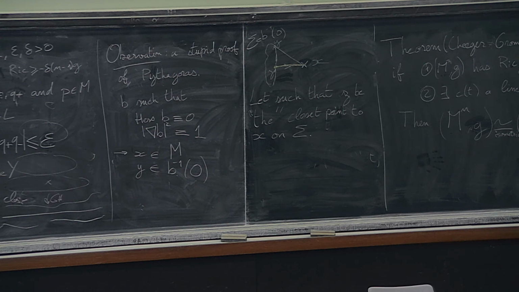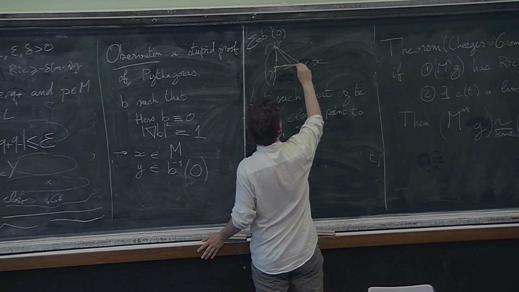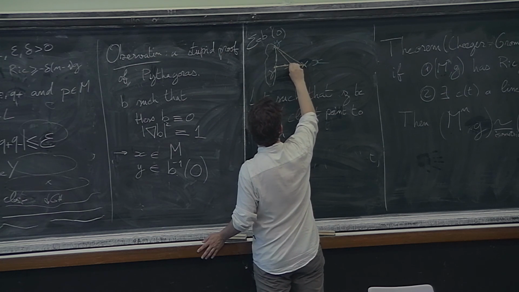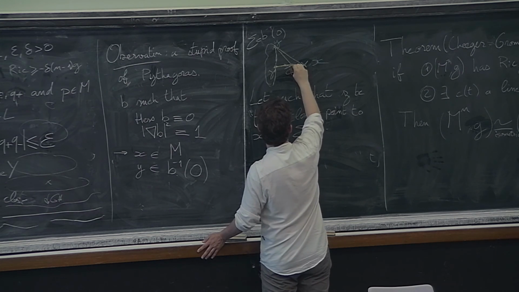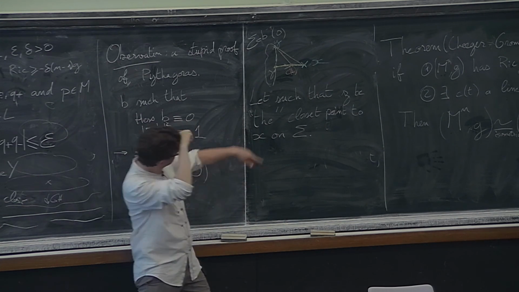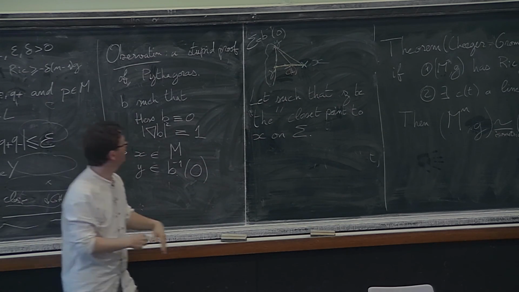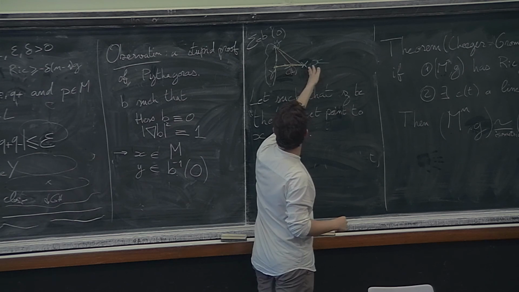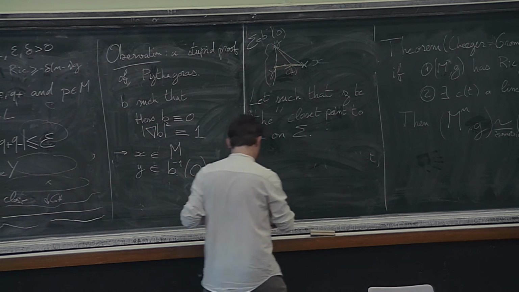Okay, let's go from there to there. So I call that C of S. I'm going from there to there with speed 1, and at 0 I'm at Z. At the length of this geodesic, I'm at X.